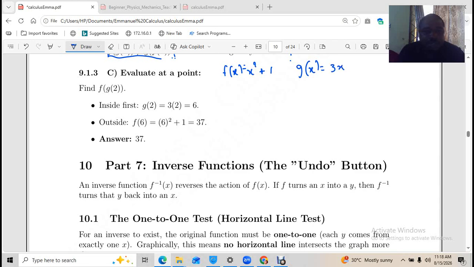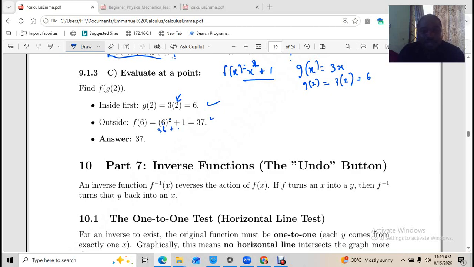So g of 2 is very simple: 3 multiplied by 2, which is 6. Now f of g of 2 is f of 6, which is 6 squared plus 1, considering the initial function was x squared plus 1. So that is 36 plus 1, which is 37.